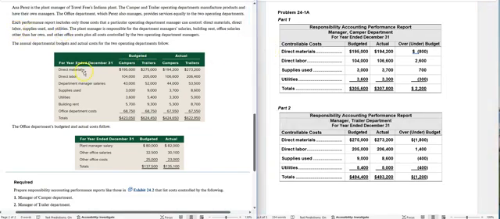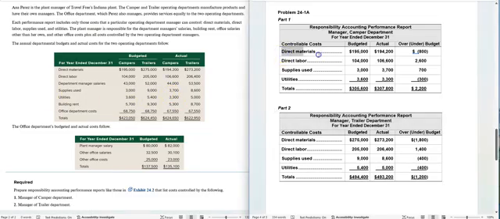So the only costs that I'm going to put onto their performance report are direct materials, budget and actual, direct labor, budget and actual, supplies used, budget and actual, and utilities, budget and actual. So I'm pulling these numbers directly out of the given information.